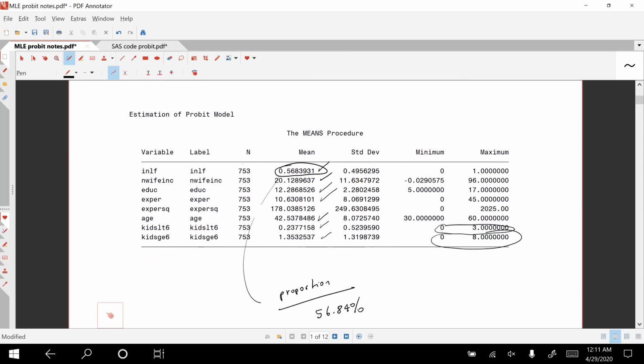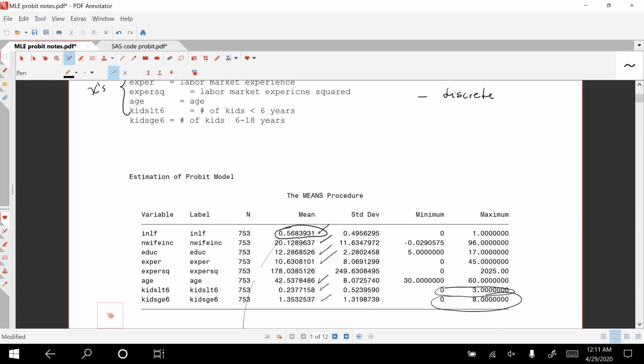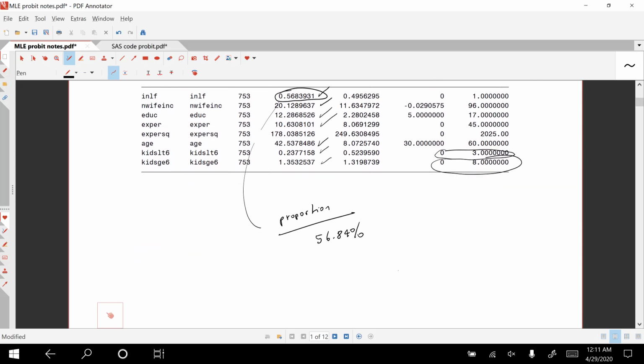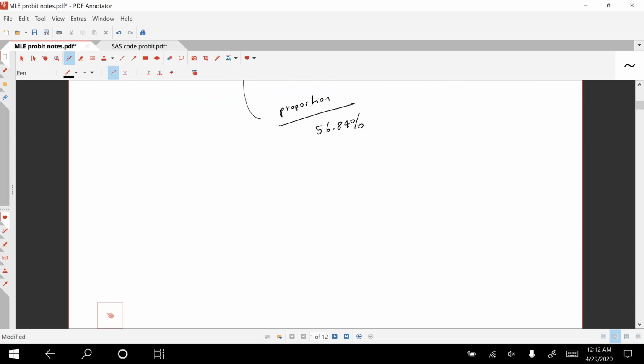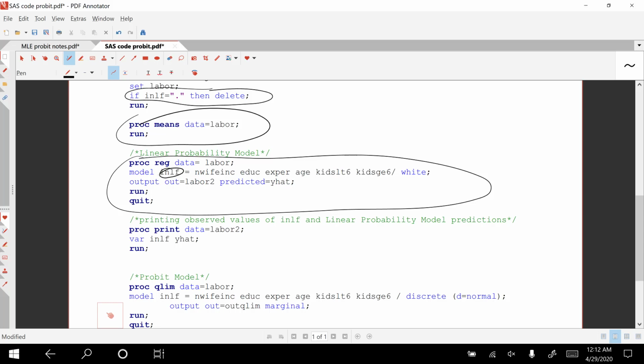We have 753 observations. I think that 3 were missing observations, so we get rid of those since we don't have values for the dependent variable. And then for the linear probability model, it's just like a linear model where we have in the labor force variable, so zeros and ones, as the dependent variable, and then the explanatory variables.